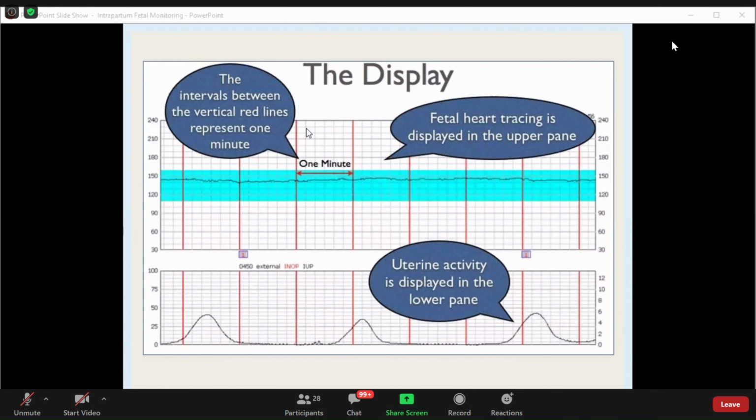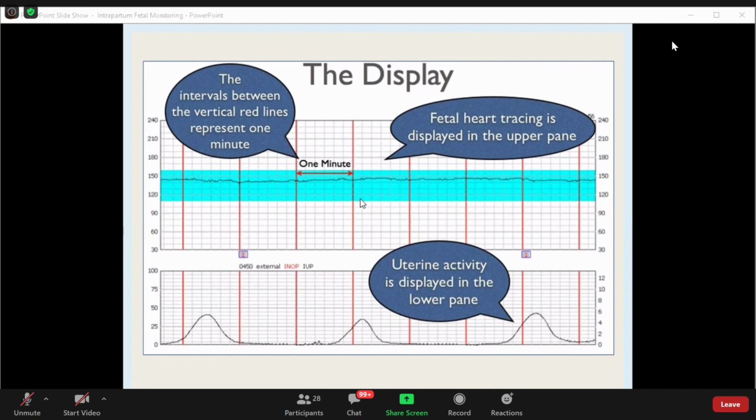Now, when you look at a strip, again, this is 1 minute. These bold lines separate the minutes, but you know that you can count 1, 2, 3, 4, 5, 6. Each box is 10 seconds. So 6 of them is 60 seconds.